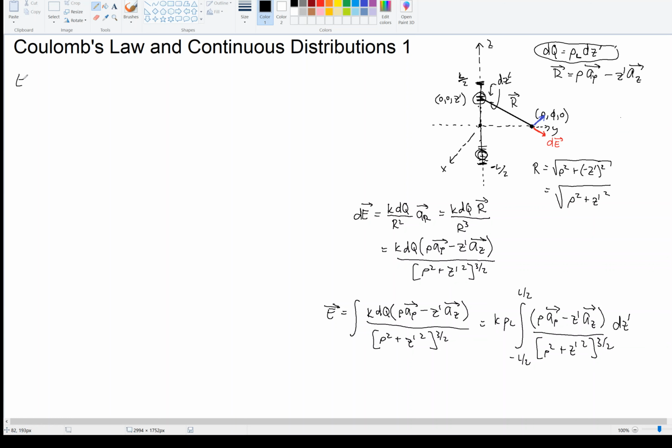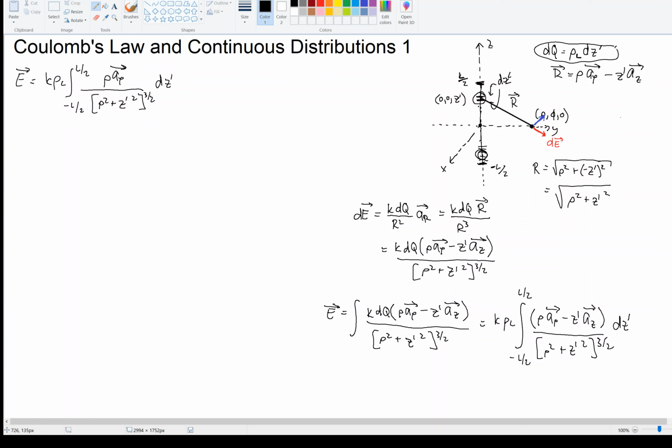So now the electric field becomes K rho L, the integral from negative L over 2, a rho over rho squared plus z prime squared to the 3/2 dz prime. So you see I've dropped the az direction again because I know that it integrates to 0.